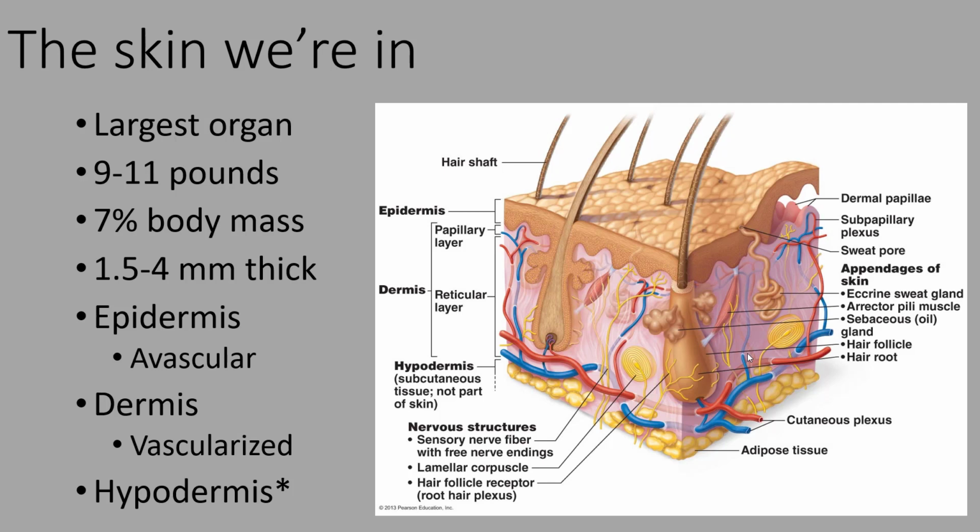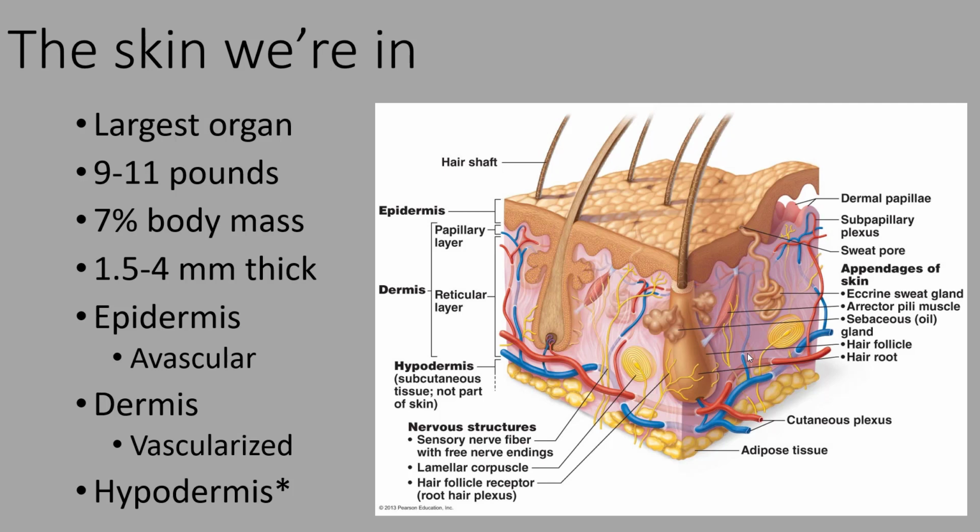So remember, epi means above or on the surface of or excess. So epidermis is above or on the surface of the dermis. So the dermis is just deep to the epidermis, and it is vascularized. It does have a blood supply.